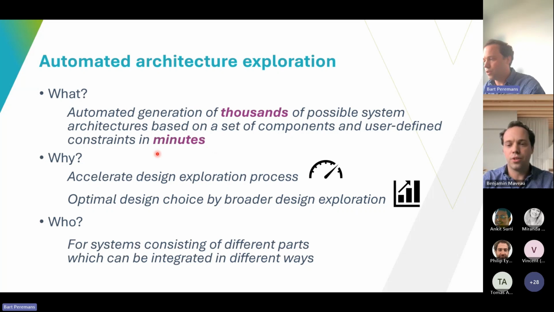So yeah, this goes very fast. So why do we want to do that? We want to accelerate the design exploration phase. But the second part that we want to optimize is that we also want to make sure that we have the most optimal design choice at this stage of the design process by having a very broad search.